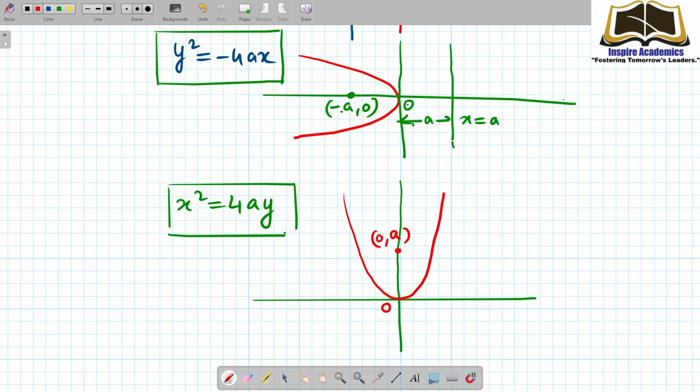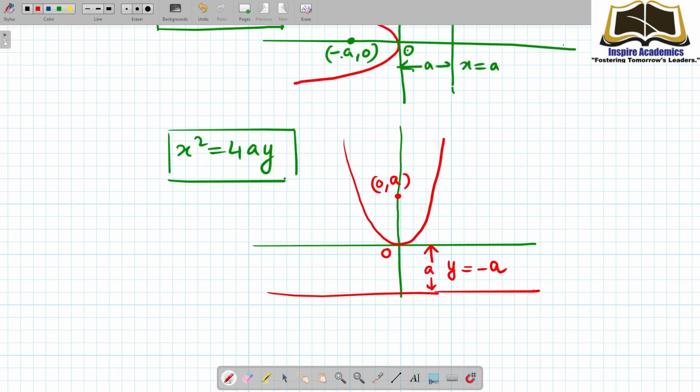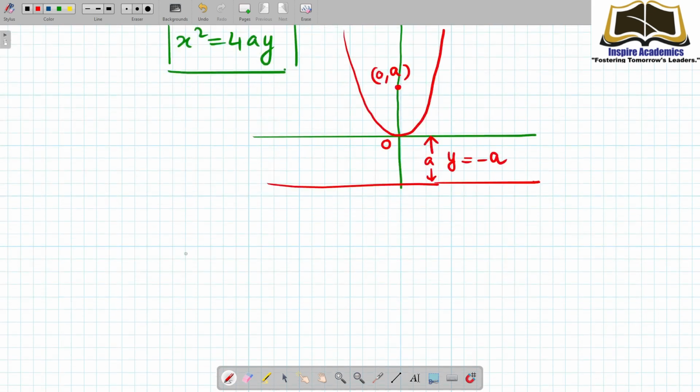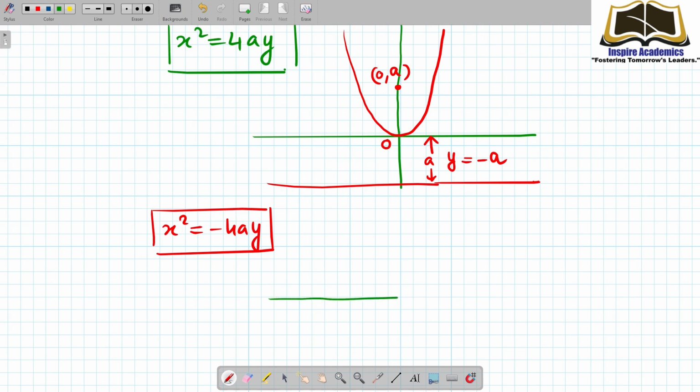This is origin, and directrix would be here. So this is a. So we can say y is equal to negative a. And if we have to show x square equal to negative 4ay, so how shall we show it? It will be downward. So we can just depict it like that.